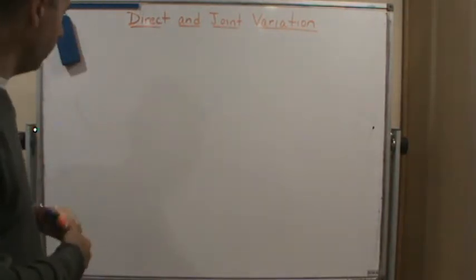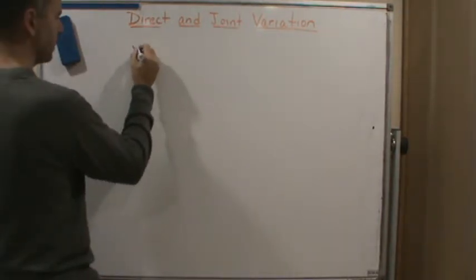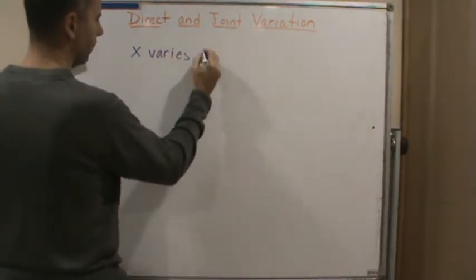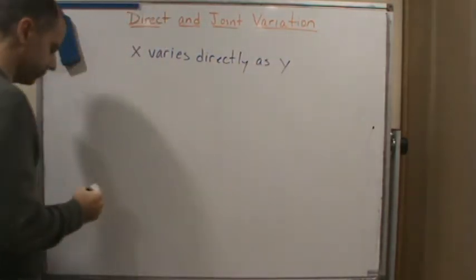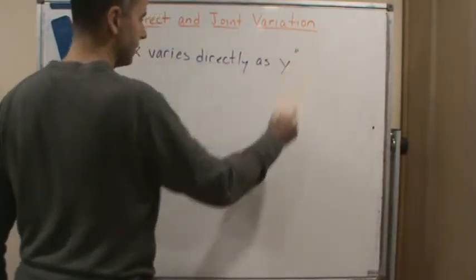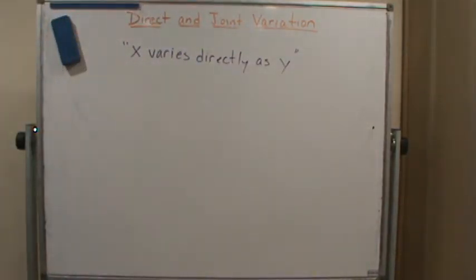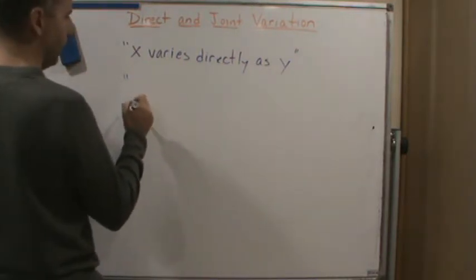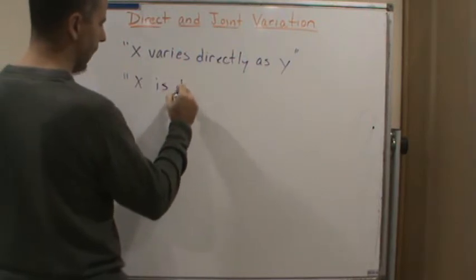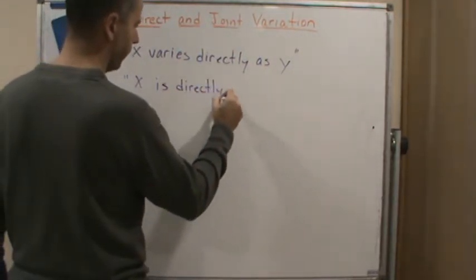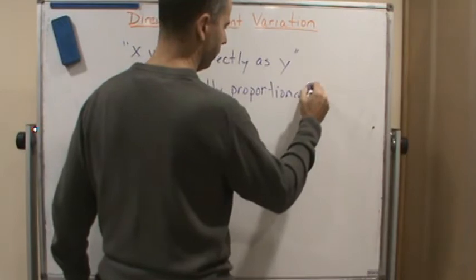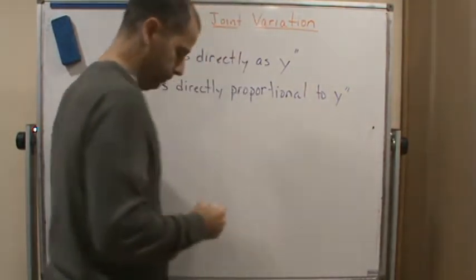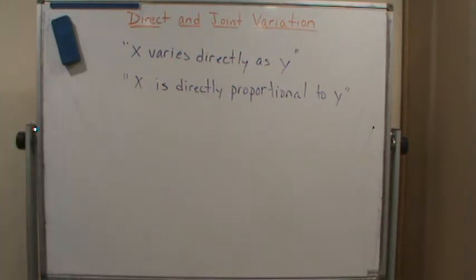For example, you'll hear common phrasing that says X varies directly as Y. Or you'll hear that X is directly proportional to Y. Both of those are saying the same thing. What does that mean?